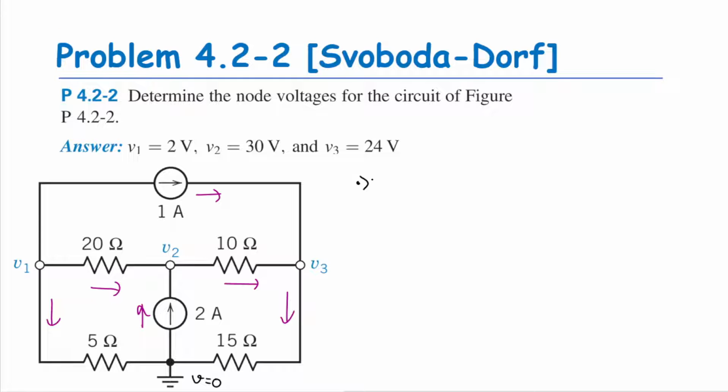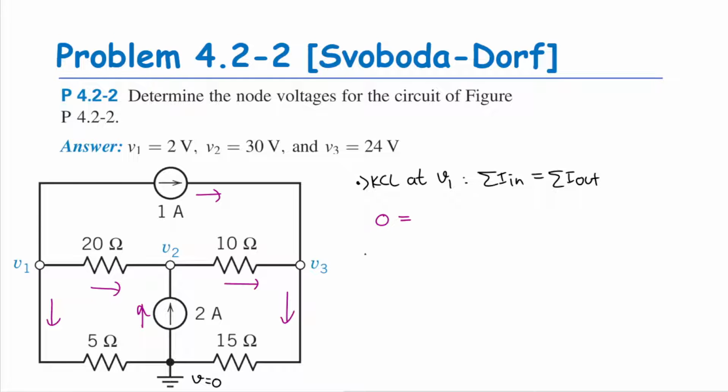Okay, now let's do KCL at V1. KCL says that the sum of the currents that go in will equal the sum of the currents that go out. I think no currents go in from here, so I just put 0 on the left hand side.